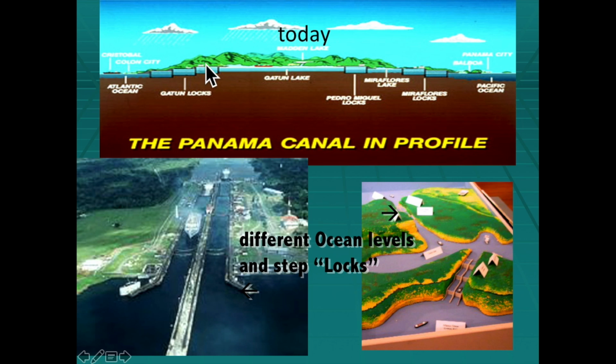And they fill and drain these to match the levels so the ship can eventually go across. A very difficult engineering thing in that regard. An interesting innovation, but the actual digging and constructing of it was quite a marvel, especially for the time.